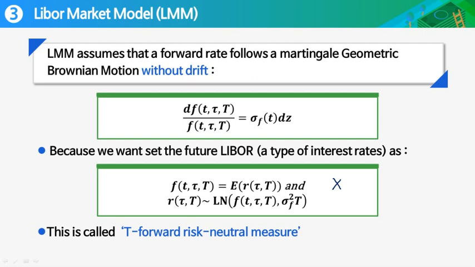Or the probability distribution over here is the T forward risk neutral measure. Anyway, what we are trying to do is assume that we are living in this world and find a forward rate process or asset price that is consistent with real life. That's our goal.